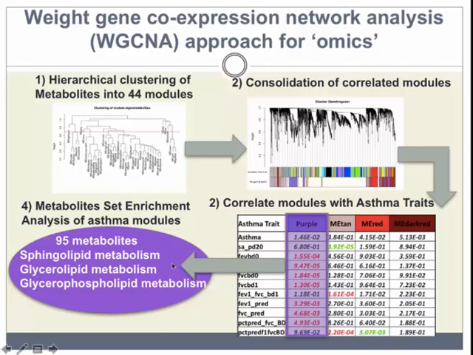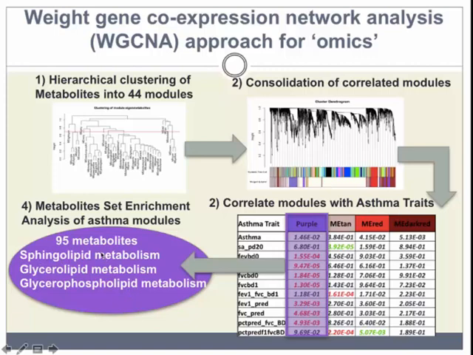And then we ask the question, can we actually characterize those metabolites? Are those metabolites tied to a specific pathway? Are they telling us something important? We do this through an enrichment analysis. When we did this with metabolomics data, we identified these different modules, and we found that this purple metabolite module was associated with sphingolipid metabolism, glycerolipid metabolism, and glycerophospholipid metabolism.